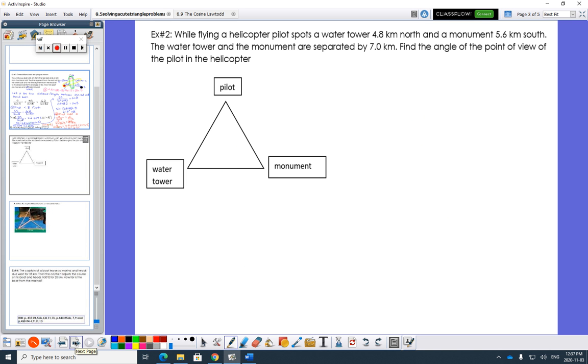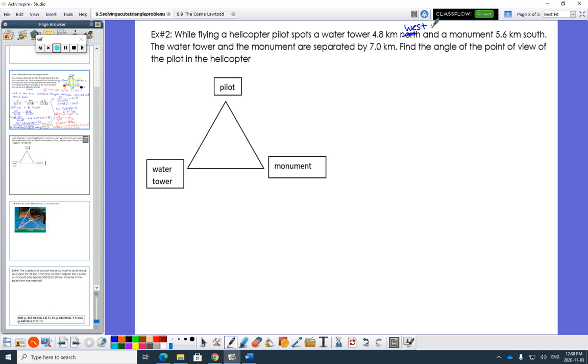So then this question. While flying a helicopter, a pilot spots a water tower 4.8 kilometers north and a monument 5.6 kilometers south. So first of all, north and south are like this to each other. That makes no sense. So I think this should be west. That makes more sense. Also, looking at the picture, it makes more sense. So the pilot is here.